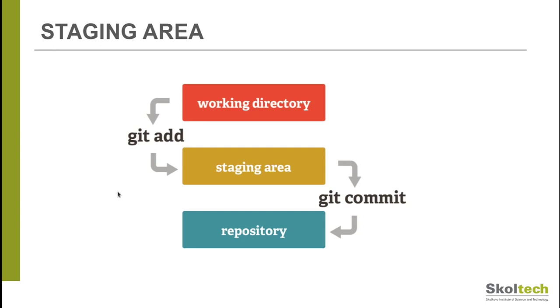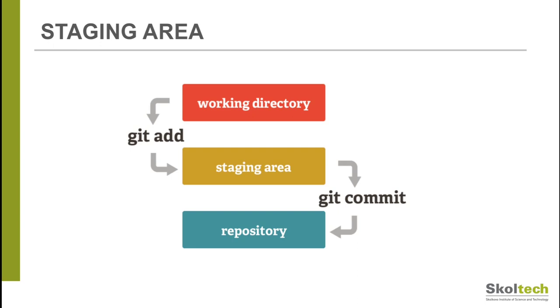You want to commit only the bug fix while discarding all the print statements. Git accommodates such scenarios by allowing you to specify which modifications should be included in the next snapshot through a mechanism called the staging area.